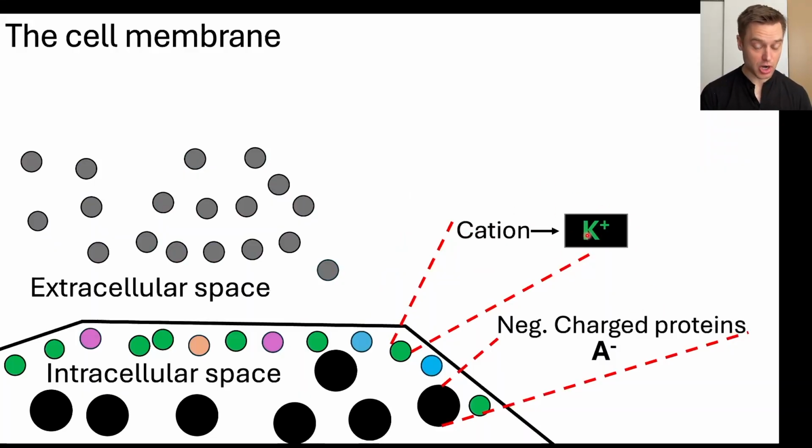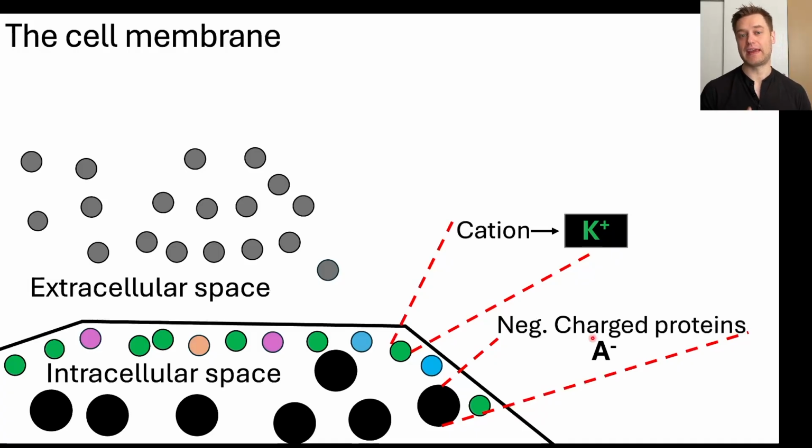Now that is a positively charged ion, and so you might think, okay, well, we have a lot of this positively charged ion, so maybe the inside of the cell is positive. But actually, the inside of the neuron is negative relative to the outside. And why that is the case is because there are these large negatively charged proteins that change the ultimate charge on the inside of the cell relative to the outside of the cell.